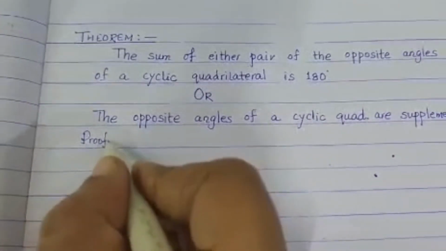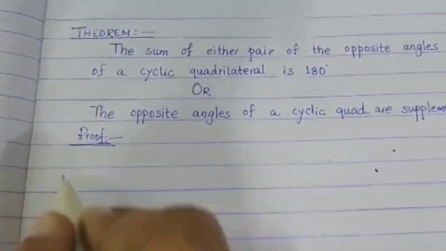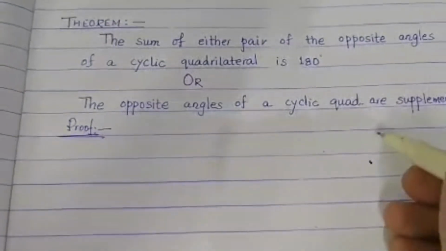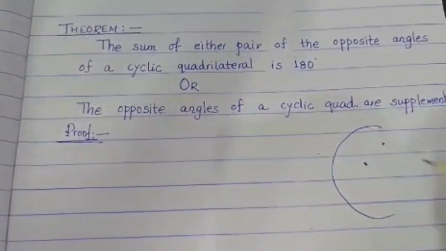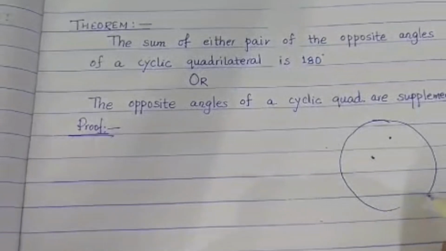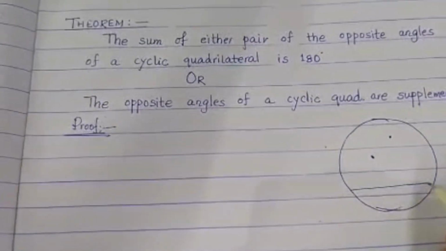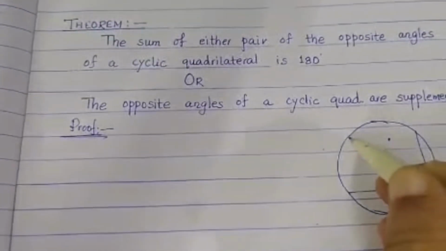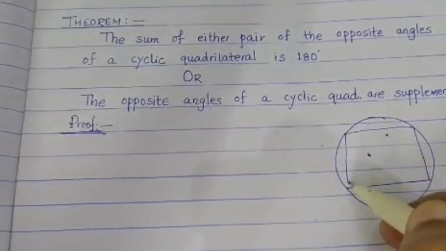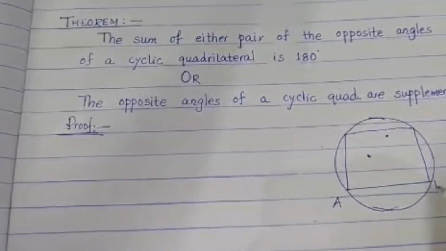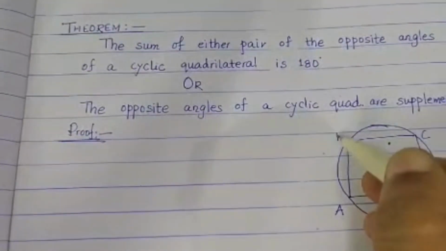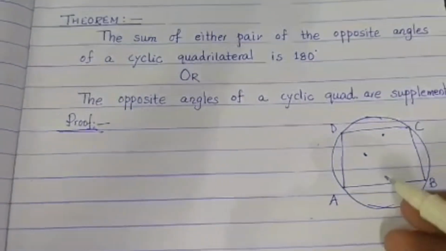The proof is very interesting and very simple, very easy to understand. Let's first draw the cyclic quadrilateral itself. Suppose ABCD is a cyclic quadrilateral.